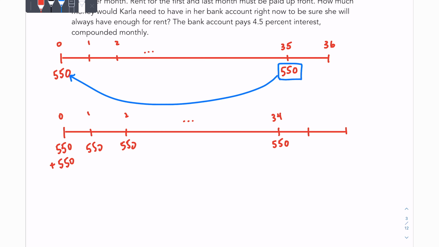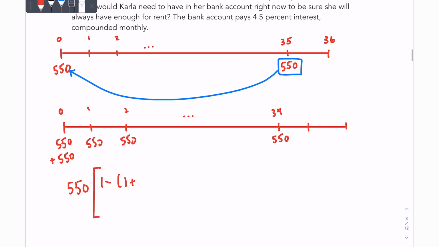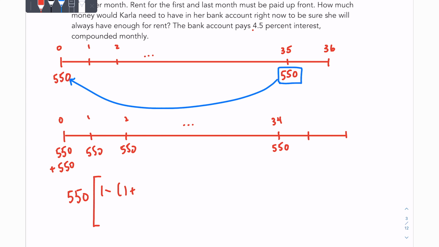So the best way to do this would be to deal with the 35 payments as an annuity and then just add on the extra payment in the final step. So this is what that would look like. $550 is my payment, multiplied by 1 minus 1 plus the discount rate, which is 4.5% compounded monthly, so my 4.5% divided by 12.